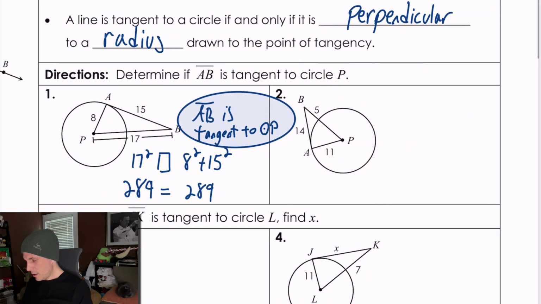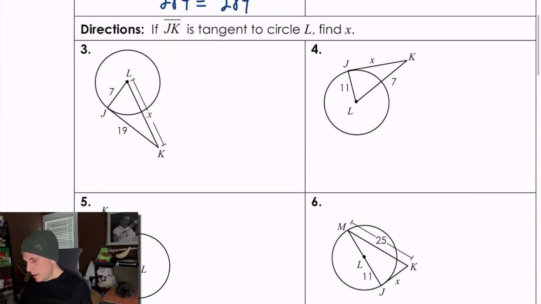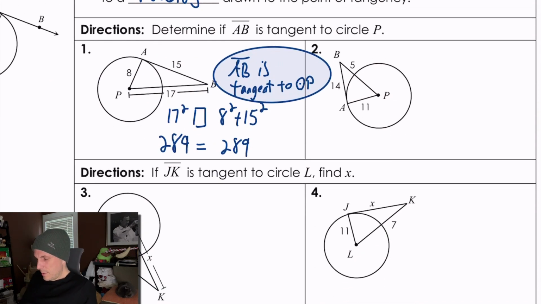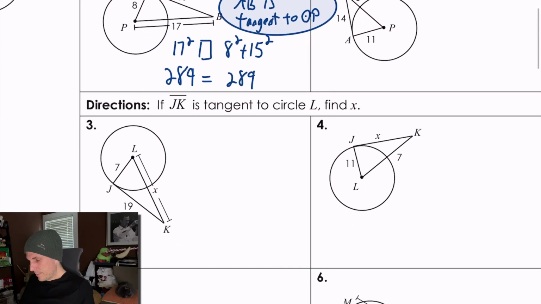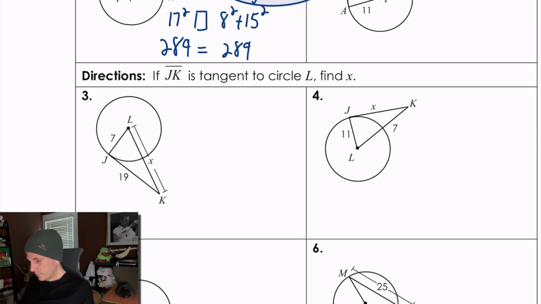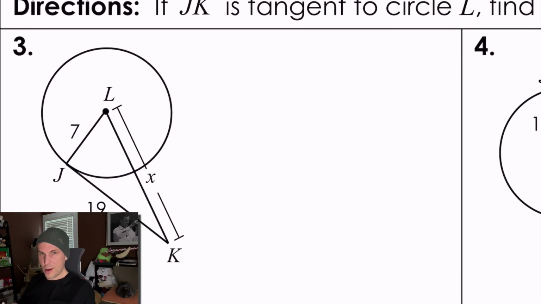All right. So let's say you do a problem like that. In this particular instance, they say if JK is tangent to circle L, I mean, they're assuming if, that means it's true, then find X. Okay, so we know that we have a point of tangency at J, in this case, of number 3. So they want us to find X, and so now we're not using the converse, we're just using regular Pythagorean theorem.